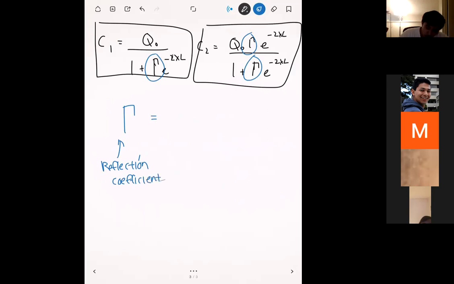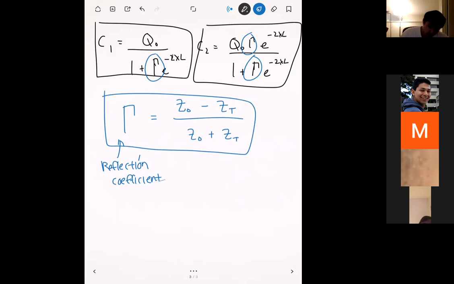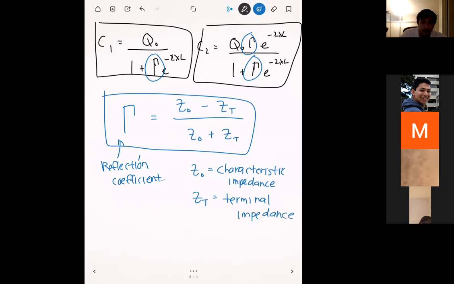And so the reflection coefficient was Z0 minus ZT all over Z0 plus ZT, where Z0 here is the characteristic impedance of this vessel, and ZT is the terminal impedance. We'll review what all the different impedances mean in just a little bit.